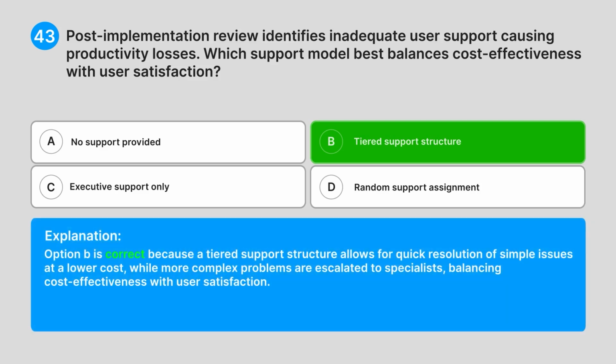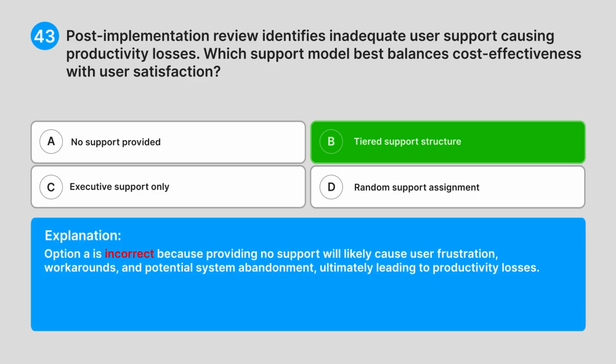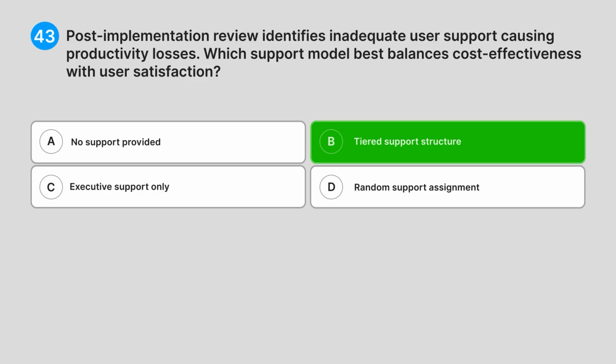Explanation. Option B is correct because a tiered support structure allows for quick resolution of simple issues at a lower cost, while more complex problems are escalated to specialists, balancing cost-effectiveness with user satisfaction. Option A is incorrect because providing no support will likely cause user frustration, workarounds, and potential system abandonment, ultimately leading to productivity losses.